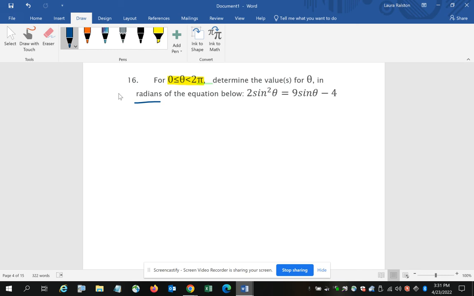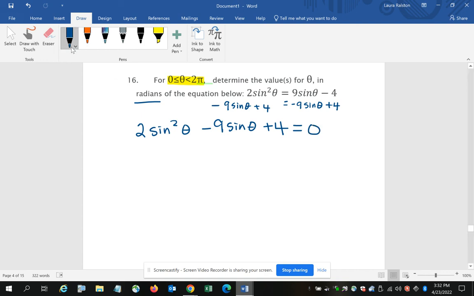So the first thing I'm going to do is get this thing equal to 0. So I'm going to subtract 9 sine theta and add 4 to either side, so that I rewrite this as 2 sine squared theta minus 9 sine theta plus 4 equals 0.